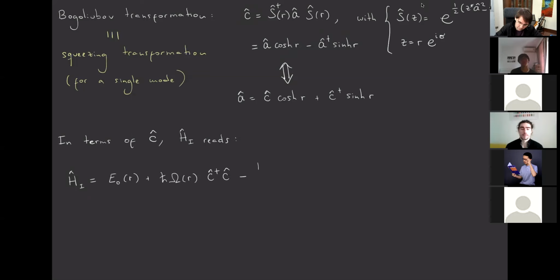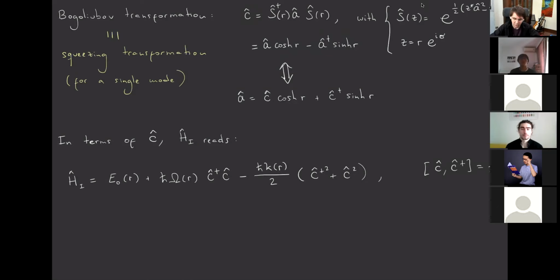And then we have a down conversion term with rate kappa of R as well, that is also given in terms of the Bogoliubov operator. And of course, the Bogoliubov operator satisfies canonical commutation relations.